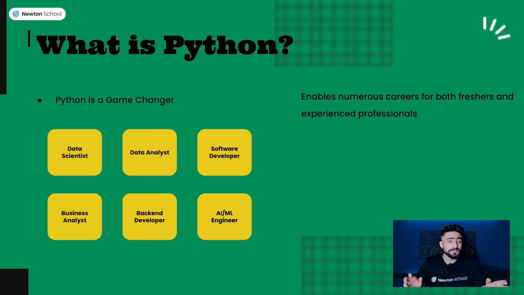Why I am saying this is, once you learn Python, it will open plenty of options for you: data scientist, data analyst, software developer, business analyst, backend developer, AI/ML engineer, and whatnot. Even if you are a fresher or a working professional, it will open a lot of doors for you to work in different fields.